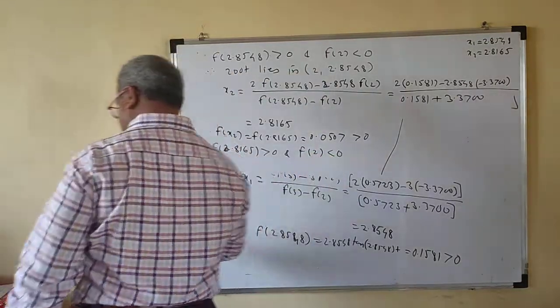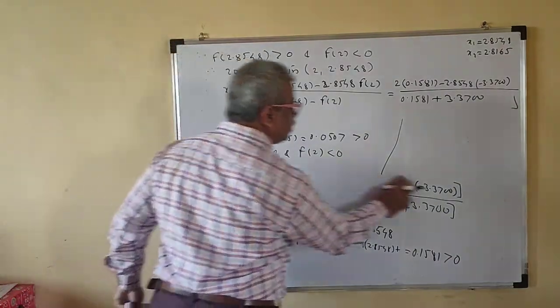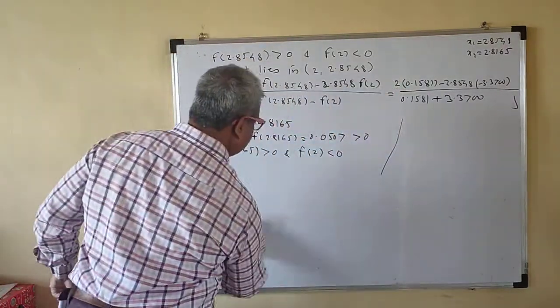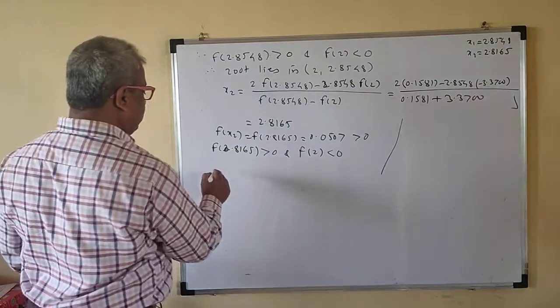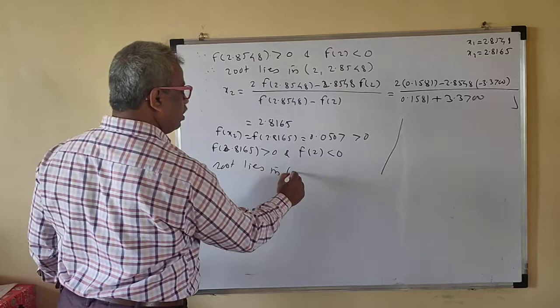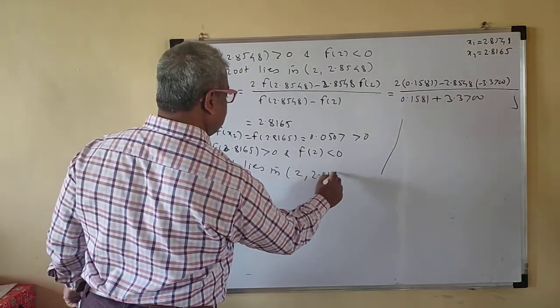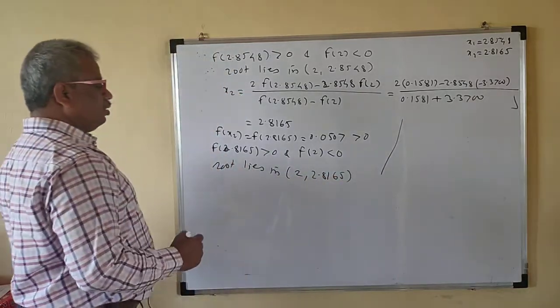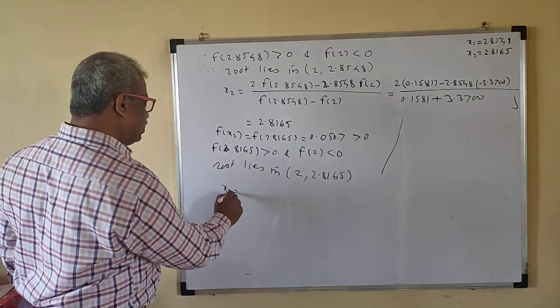That means the root lies in 2 to 2.8165.